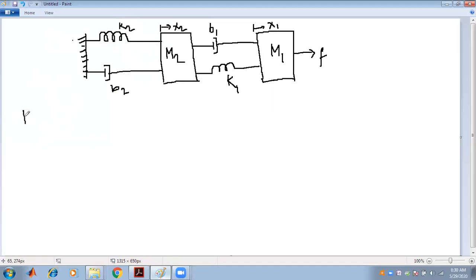First we are going to the force voltage analogy, then we go for the force current analogy.